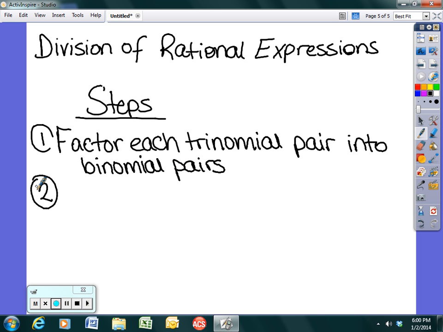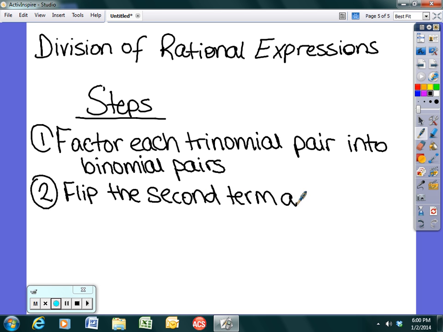Step 2, because we are dealing with fractions, when we divide fractions, flip the second term and change the sign to multiplication. So we're going to flip the second term and change the sign to multiplication.